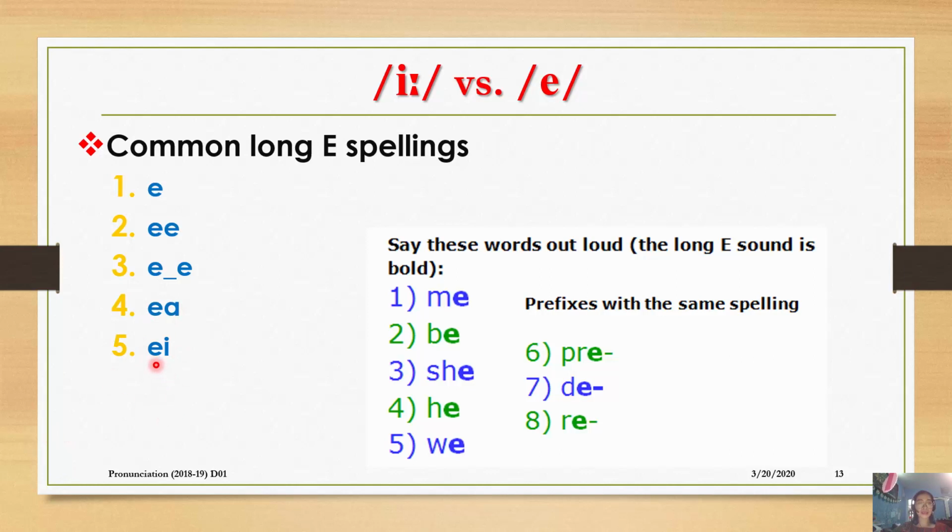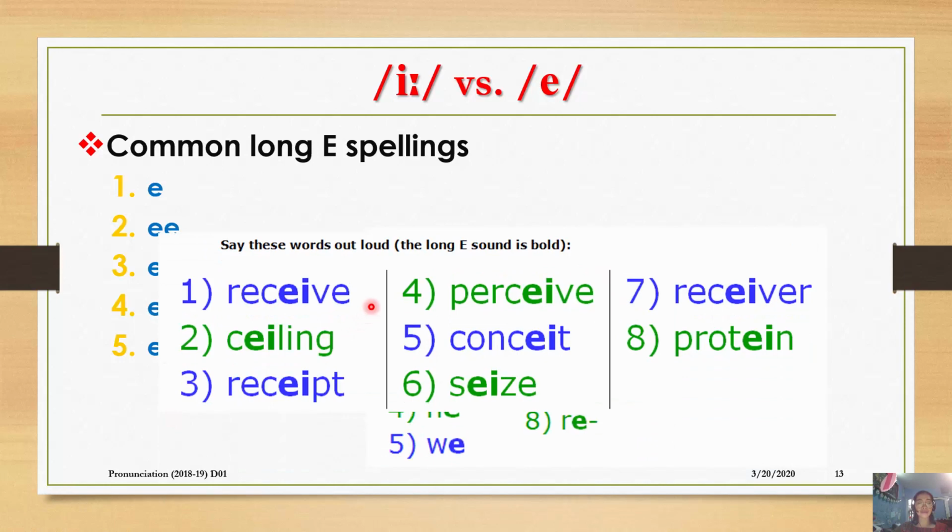The next spelling is EI, as in receive, ceiling, receipt, perceive, conceit, seize, protein. Now listen and repeat. Receive, ceiling, receipt, perceive, conceit, seize, receiver, protein.